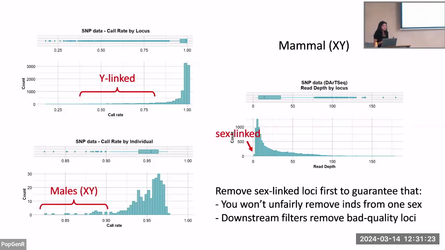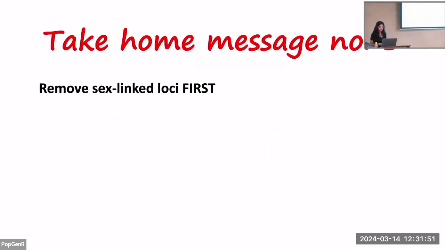So by removing sex-linked loci first, you guarantee that first, you won't unfairly remove individuals from one sex. And second, that downstream filters will actually remove bad quality loci. Here you will be removing Y-linked loci, and they are not bad quality, they are just sex-linked. You remove those, and then you evaluate quality. Make sense? Cool.